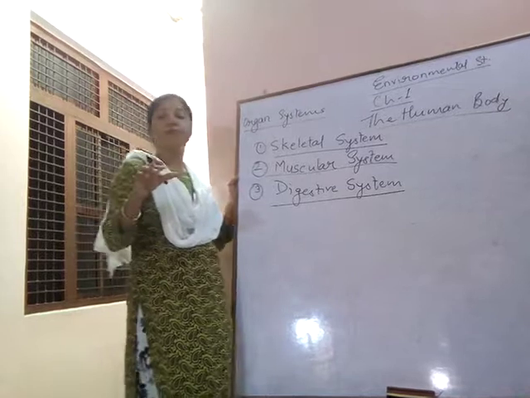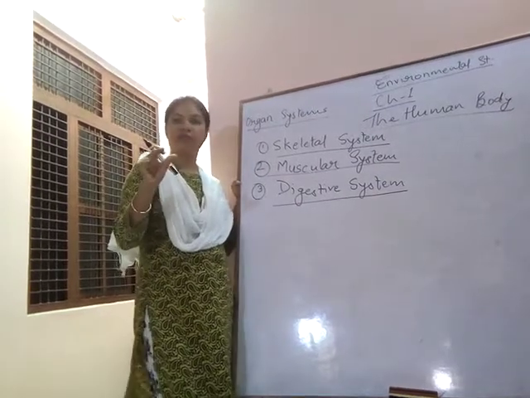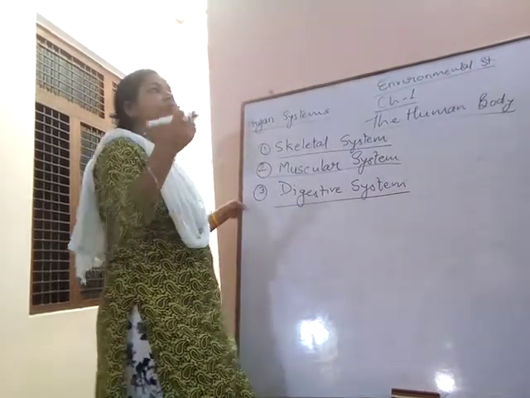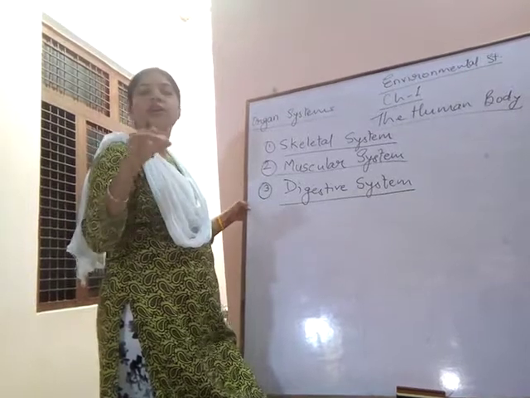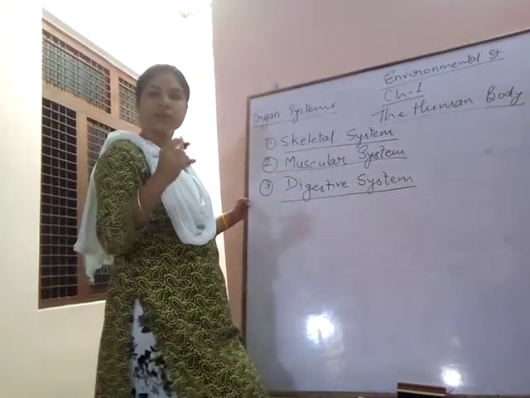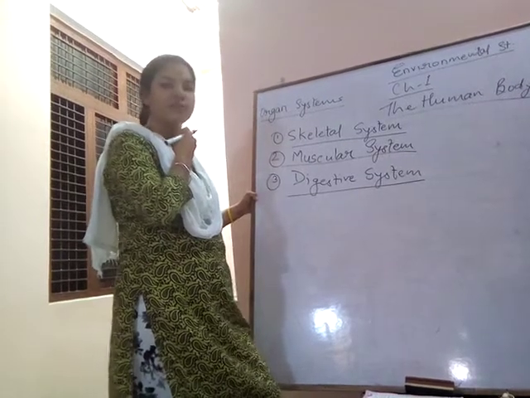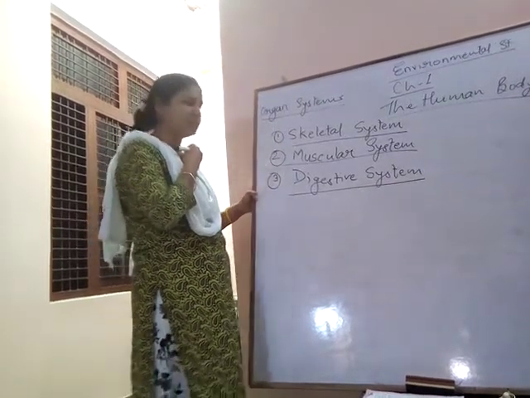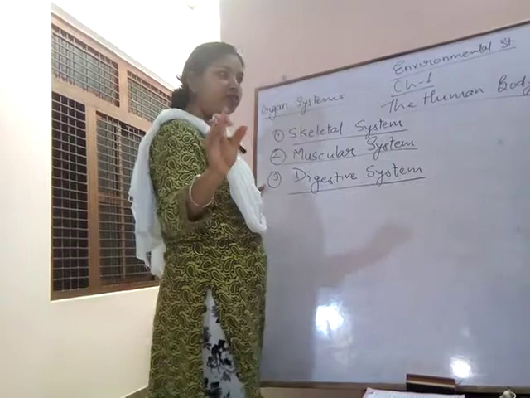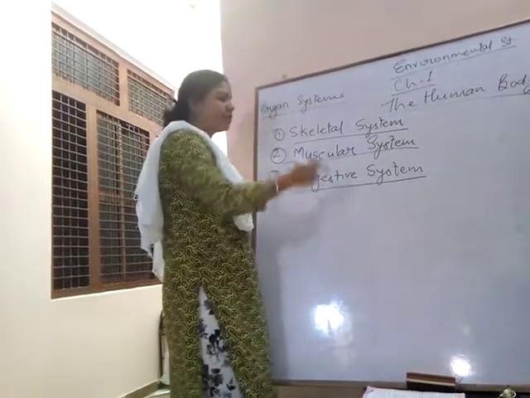Why is it important to make the food a paste? Because it is sent to the stomach very smoothly. Otherwise, it will choke your esophagus and you may damage it. So that is why it is important to chew the food properly.